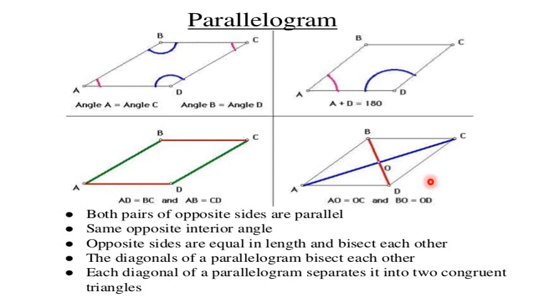So you should be remembering, parallelogram will have opposite sides equal and parallel, opposite angles equal, adjacent angles are supplementary, diagonals bisect each other. Then if you take only one diagonal, it is going to divide the parallelogram into two congruent triangles.